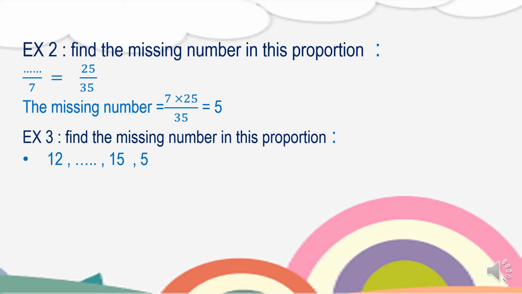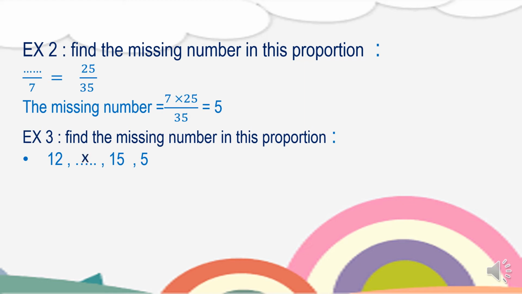Now I have the proportional terms in order. 12 is the first proportional term, the dot is the second proportional term, 15 is the third proportional term, and 5 is the fourth proportional term. Now I have a proportion as a sequence. Okay?